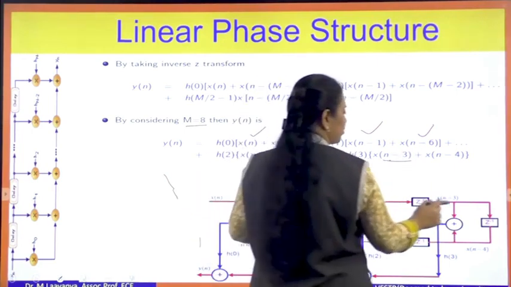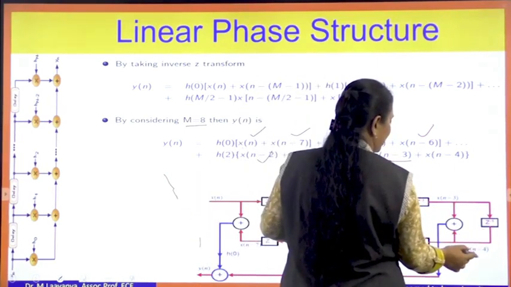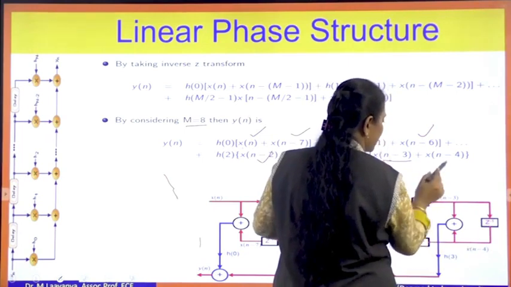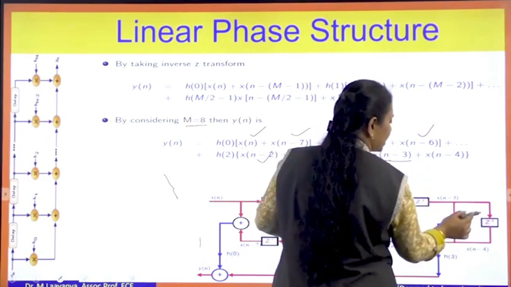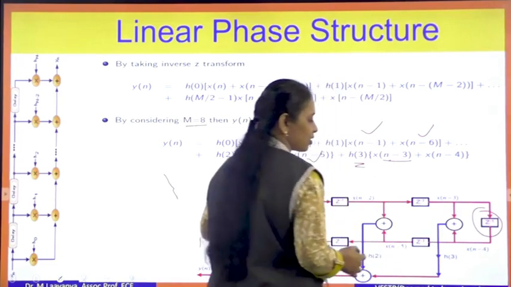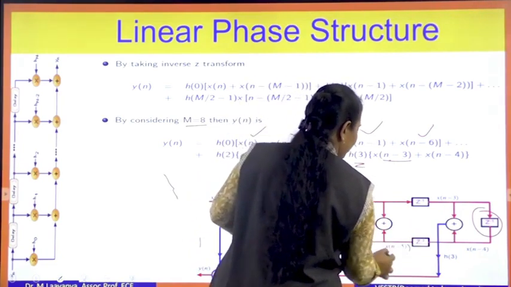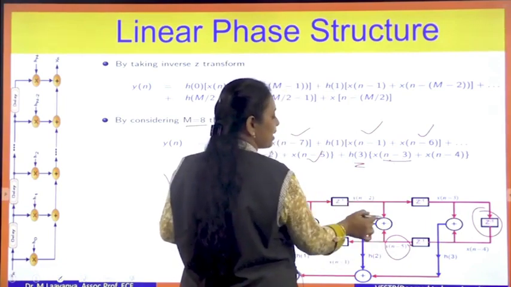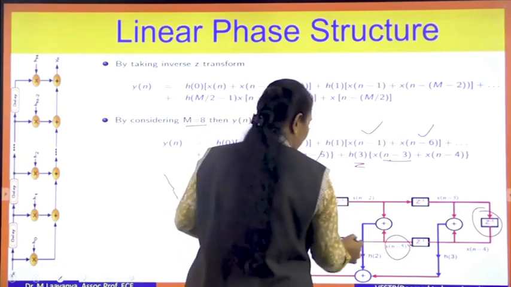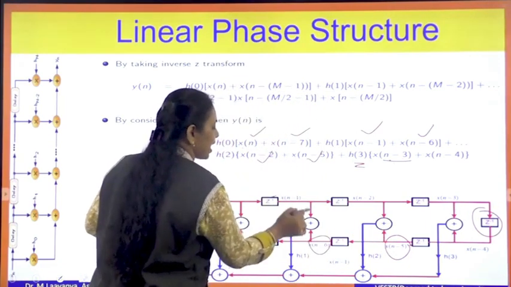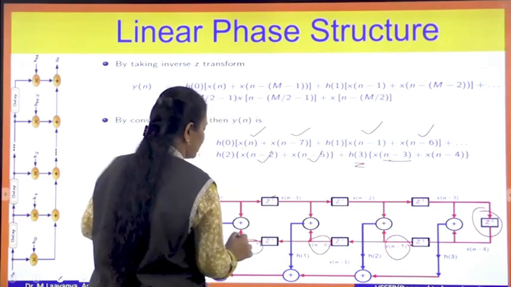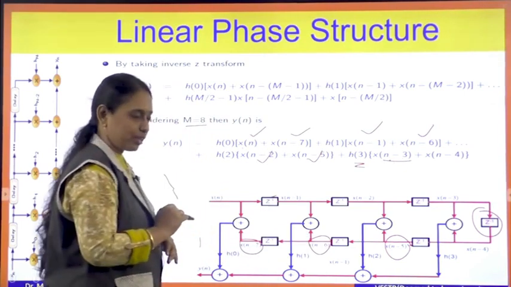So if I put the first delay, what will I have? N minus 4. So n minus 3 and n minus 4 will be added here if I add a delay at this location. And again if I put a delay for this n minus 4, I will get n minus 5, which will be added with n minus 2. Again n minus 6 will be added with n minus 1. N minus 7 is added with x of n.